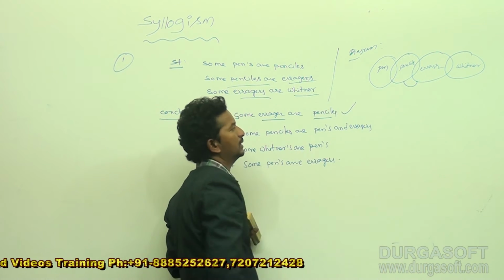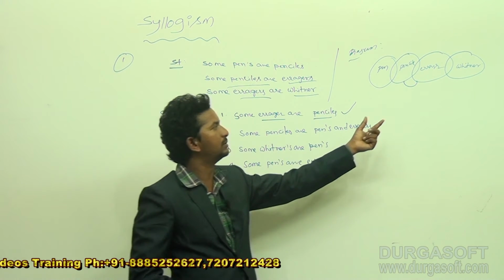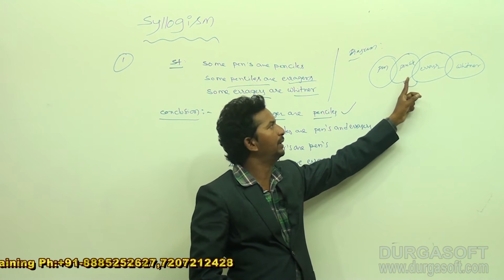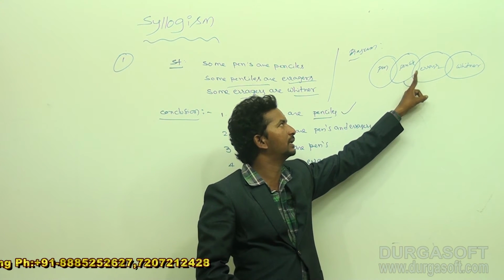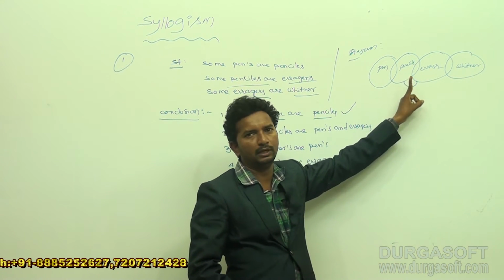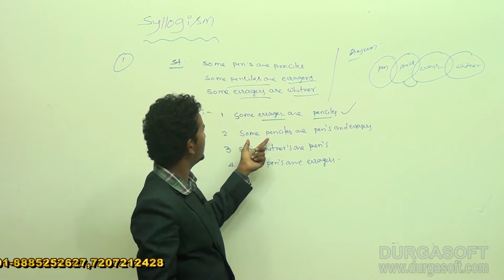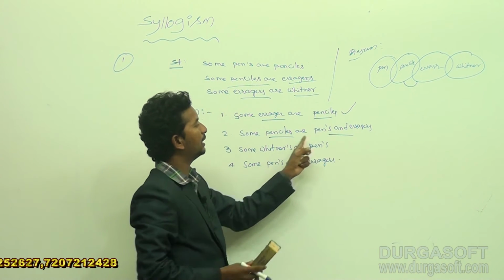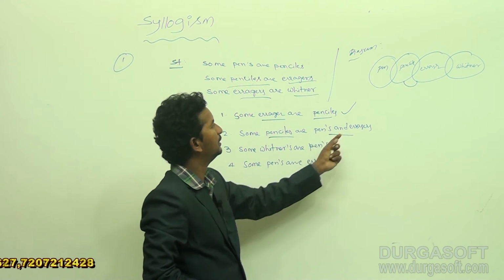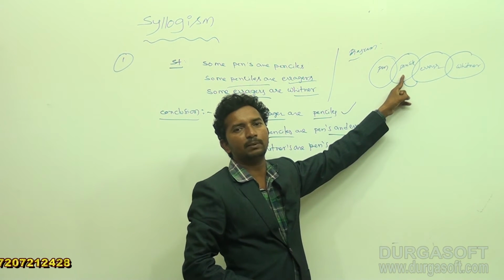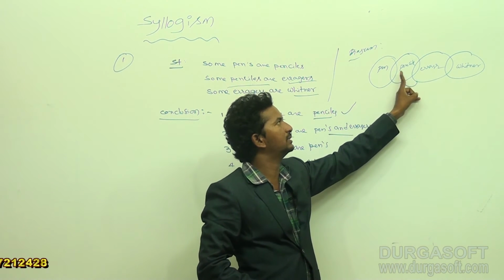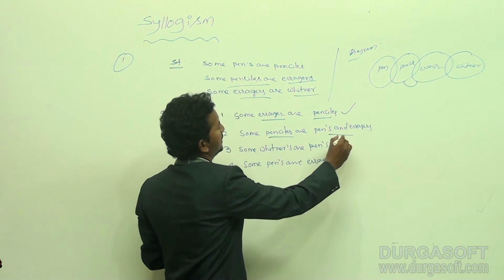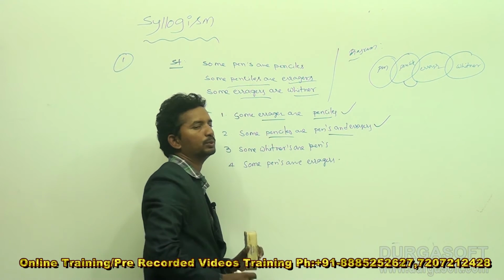That is the intersection portion of both diagrams, eraser and pencil. So some pencils are erasers, some erasers are also pencils. Next, some pencils are pens and erasers. This one also: the pen and pencil connection part is there. That will be true.